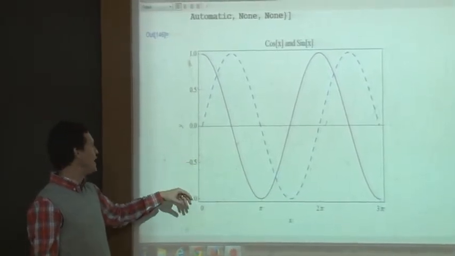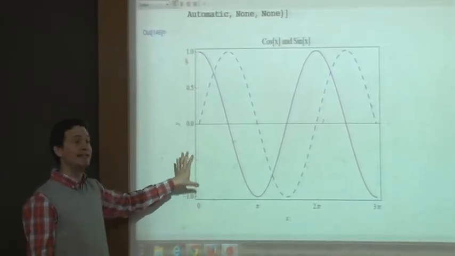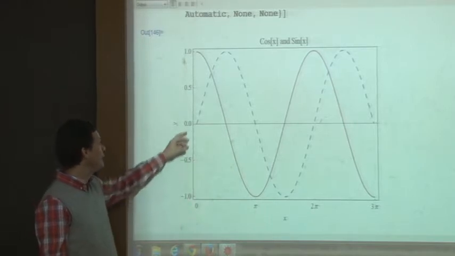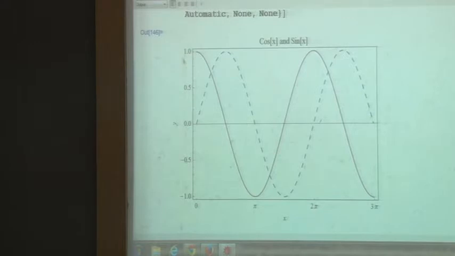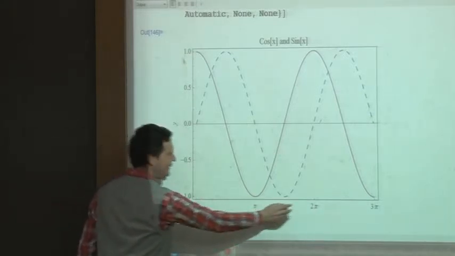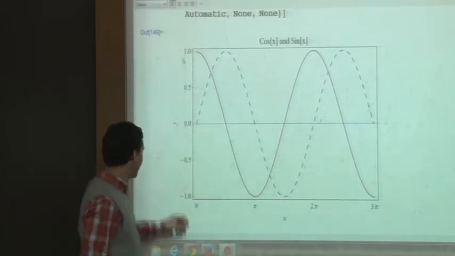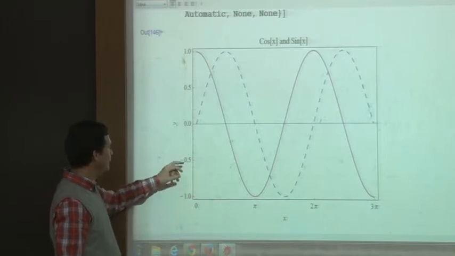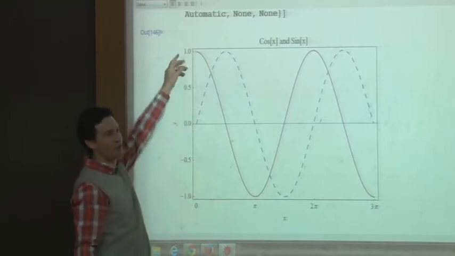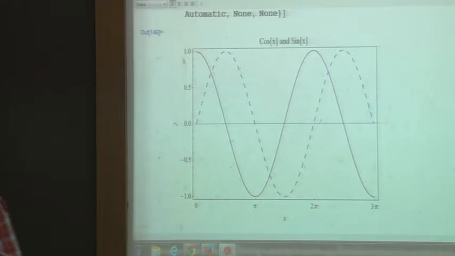Can you guys modify this example so the y ticks are only -1, 0, and 1? Like here, I have 0, pi, 2 pi, and 3 pi, right? But here I have a lot. I just go from -1 to 0 and to 1. Now you guys modify this example to get that.